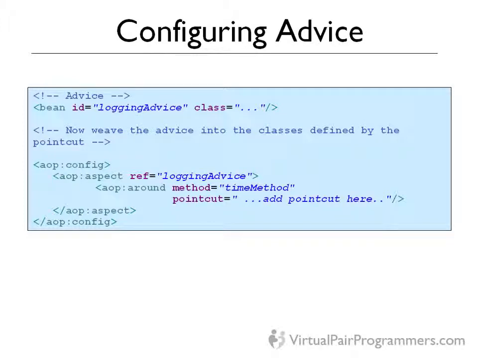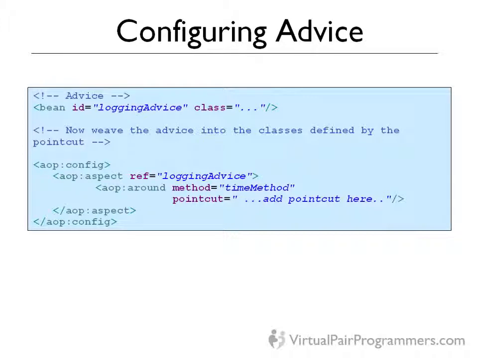Well, this is a big change for the course. This is a big leap forward for us. Up until now, we've been using the bean tag and the property tag in our XML, and that's been pretty much it. Well, in Spring 2, they changed the XML quite dramatically, and they brought a whole raft of new tags into Spring.